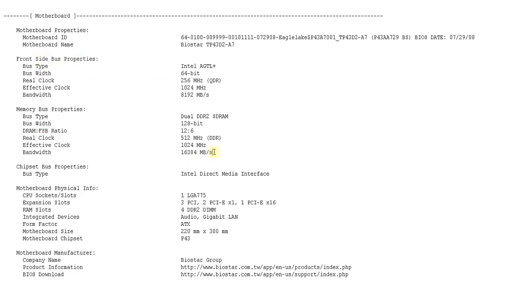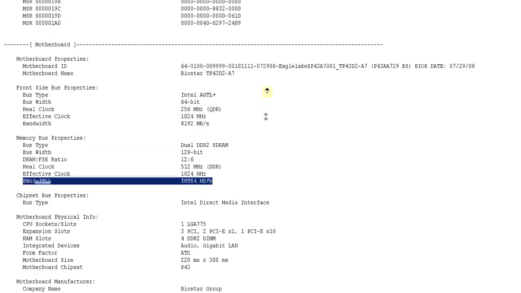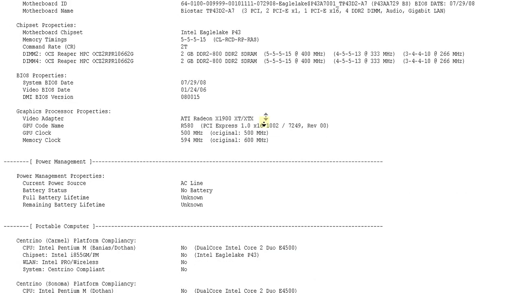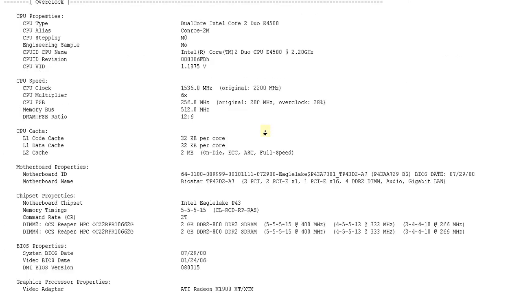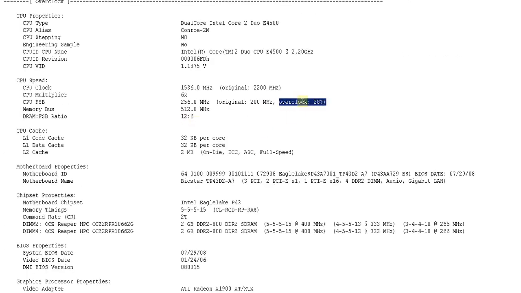I don't know if they've changed now. They probably have. But you can see that our bandwidth here is much higher than what the Tolman was, even though this is an economy dual core. I think it's much earlier than the Tolman. What changed it is that it is overclocked 28%.